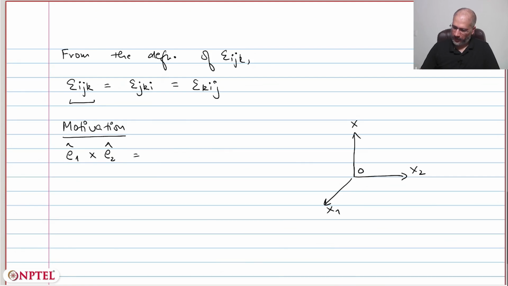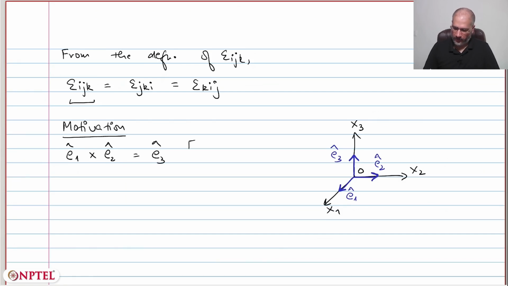In the three-dimensional right-handed Cartesian coordinate system, the three unit vectors are given as e1, e2 and e3. So if I take the cross product of e1 and e2, I get an e3.